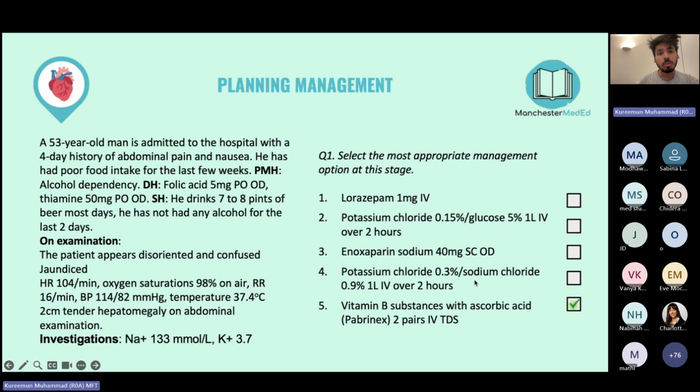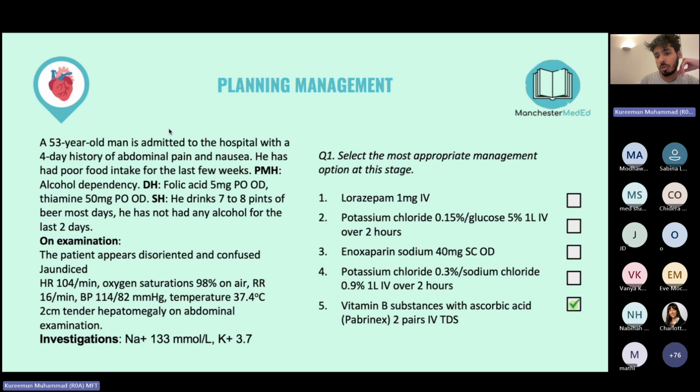But the most important thing to give him is Fabrinex to prevent Wernicke's encephalopathy. Following this dose of Fabrinex, whether or not he can take orally, you would then give him the thiamine again. So the correct answer is Fabrinex. Hope this makes sense.